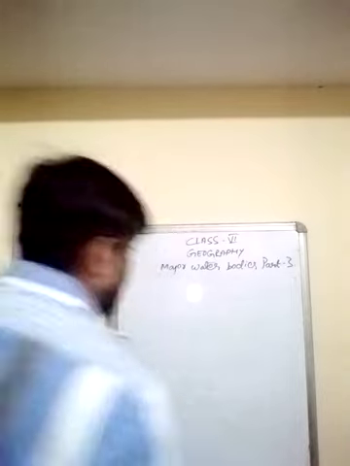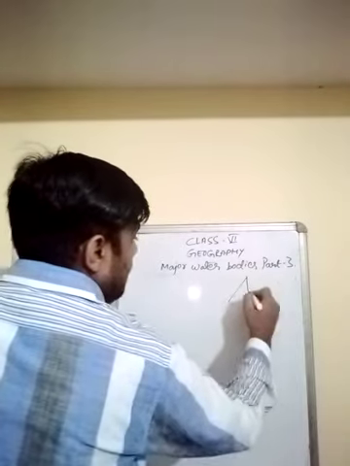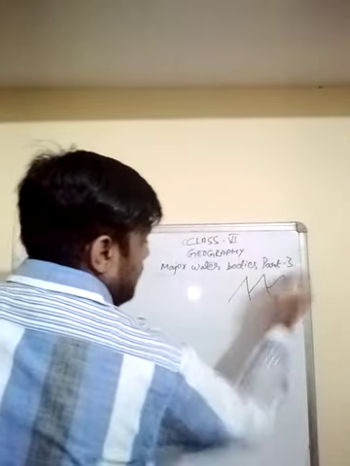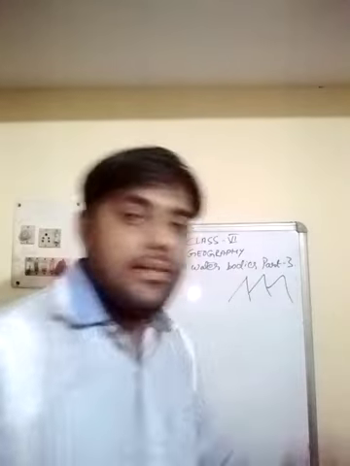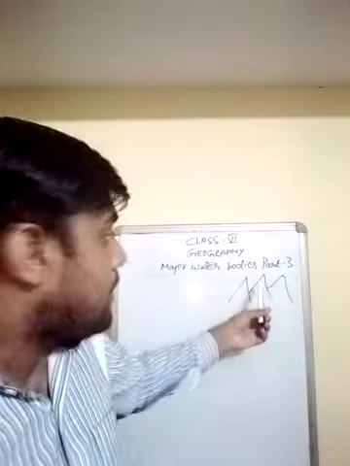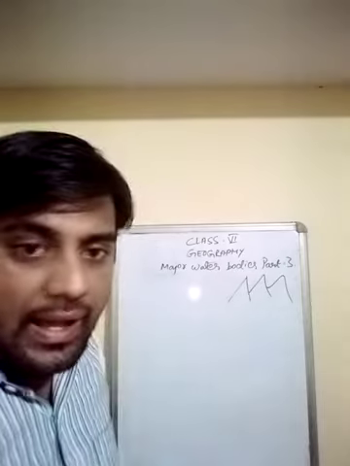Having said that, dear children, if you try to understand how a river forms, rivers are mostly formed in mountainous regions or higher regions. They are formed either by rainwater or by melting glaciers. Most of the time their source is located at a higher altitude.